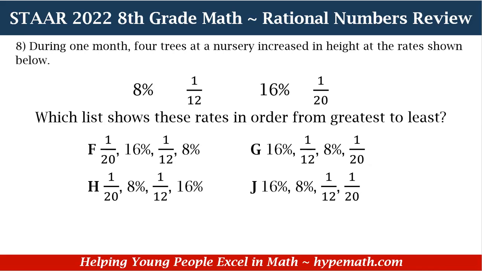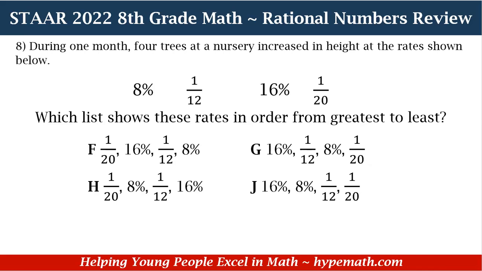Or is it G, 16%, 1 over 12, 8%, and 1 over 20? Is it H, 1 over 20, 8%, 1/12, and 16%, or J, 16%, 8%, 1 over 12 and 1 over 20?